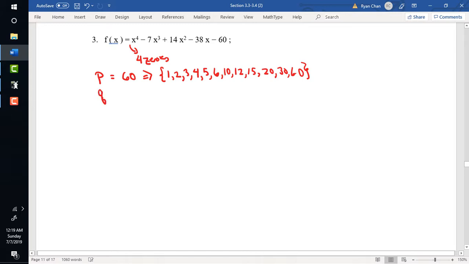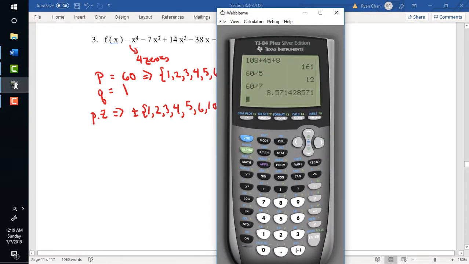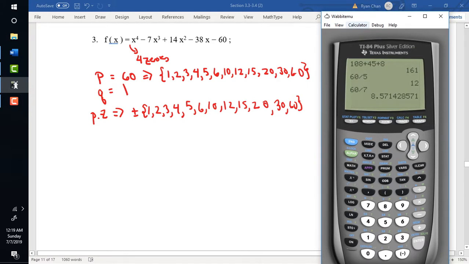Q, thankfully for us, is just 1. So the potential zeros is actually everything in P because we're only dividing everything by 1. So plus or minus 1, 2, 3, 4, 5, 6, 10, 12, 15, 20, 30, 60. When I graph this, I will have to change my windows drastically.